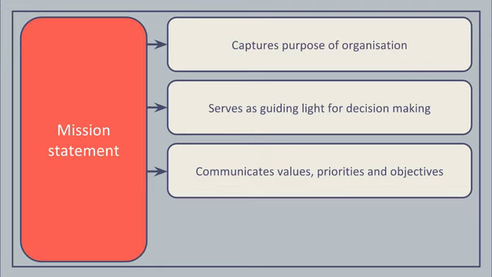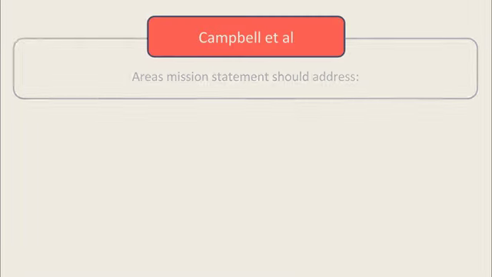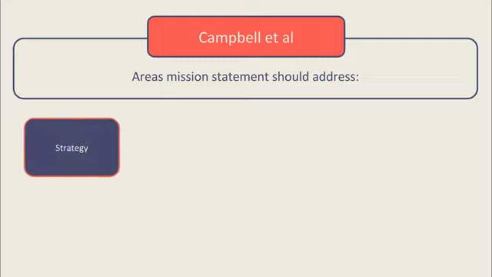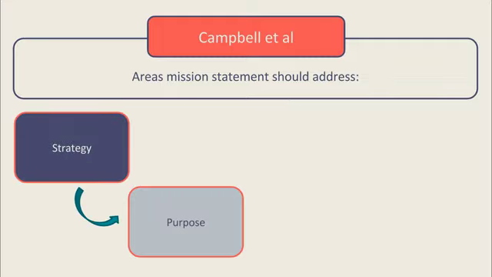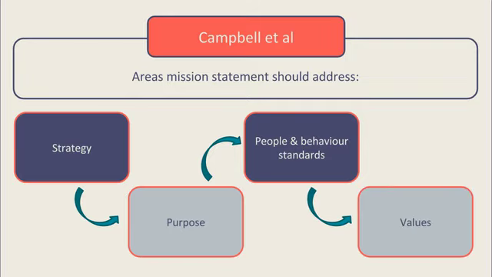It should also serve to attract like-minded stakeholders, investors, customers, suppliers and employees, for example. Campbell et al. say a mission statement should address 4 specific areas: strategy, purpose, people and behaviour standards, and values.